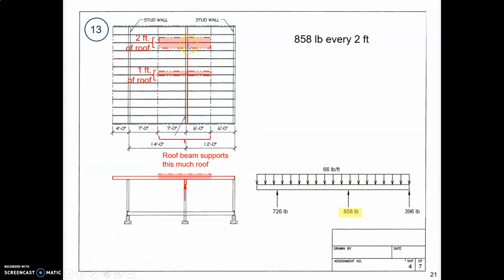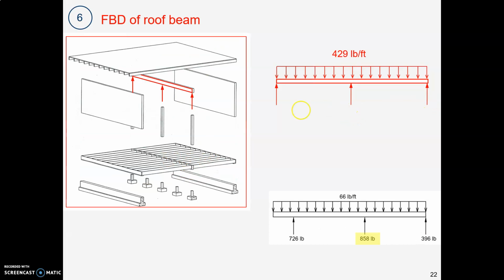And every 2 feet of roof delivered 858 pounds to the roof beam. So we want to divide that load by 2, and that tells us that this roof is delivering 429 pounds per foot to the top of the roof beam.